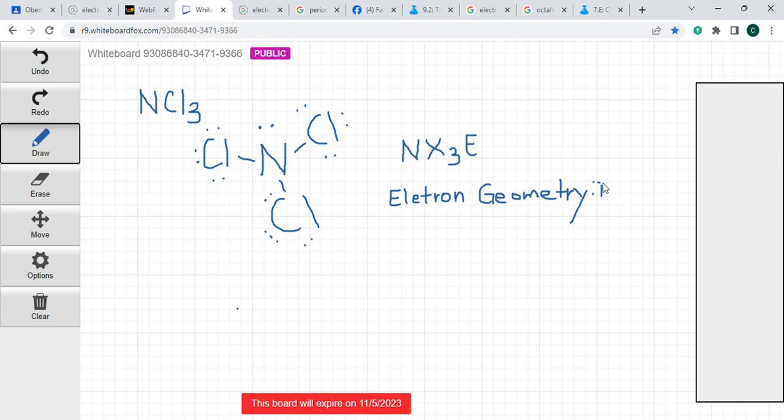Tetra means 4. Tetrahedral, and it looks like this.